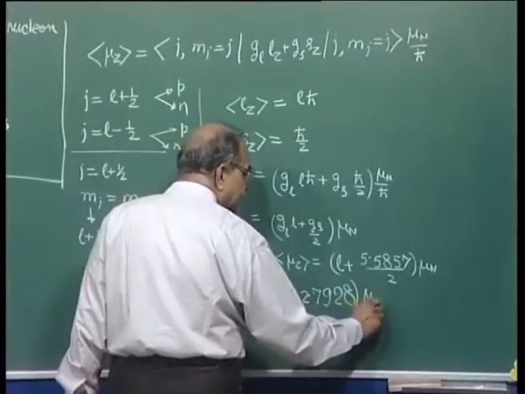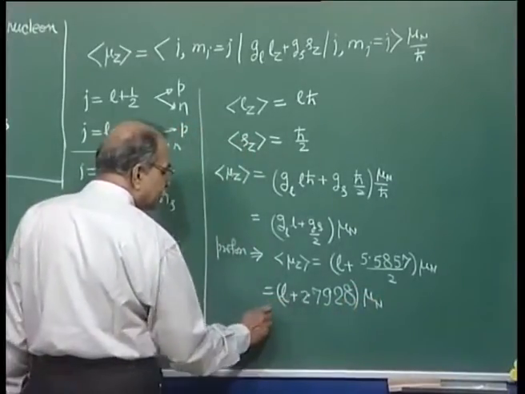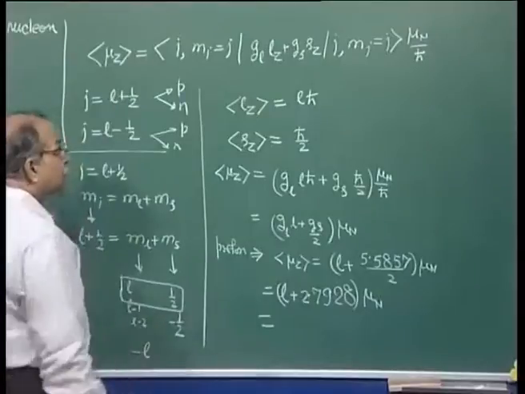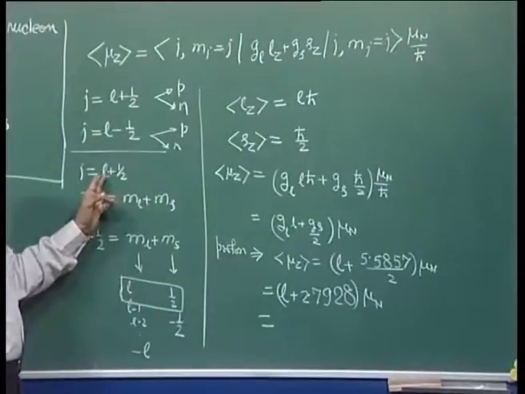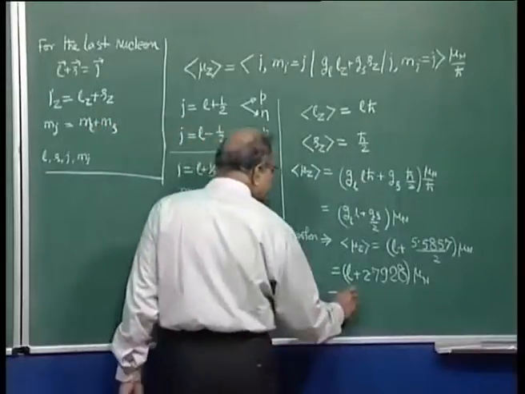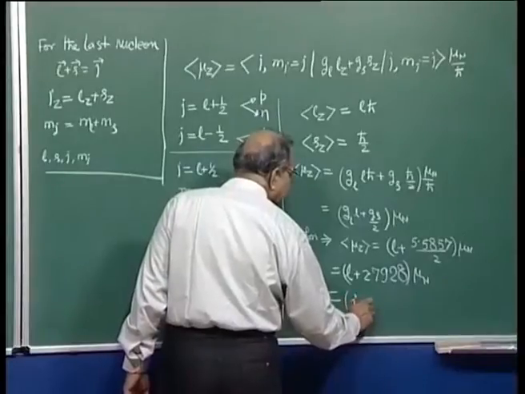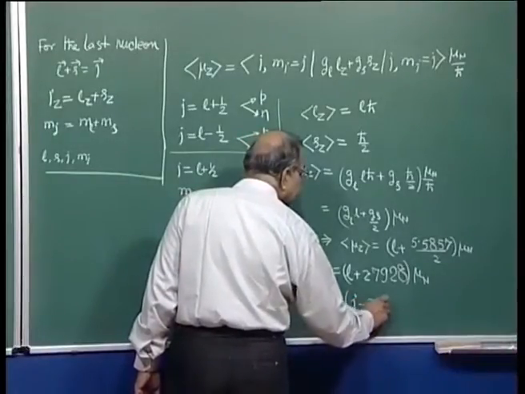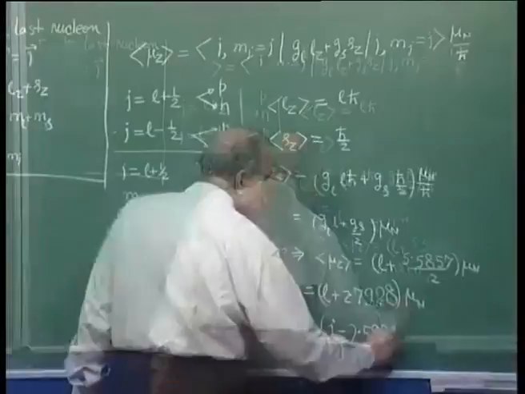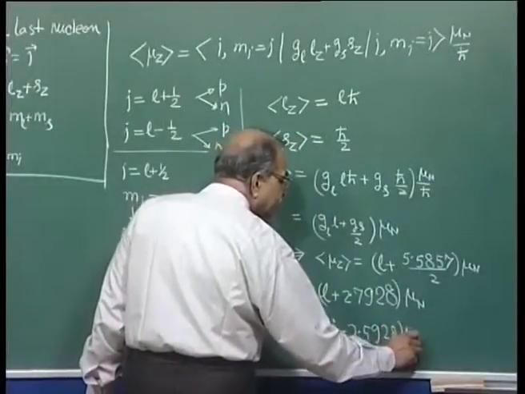And if I write it in terms of J, which case are we dealing with? This L is J minus half. So, this is J minus half, plus 2.7928, that is 2.2928 times mu n.